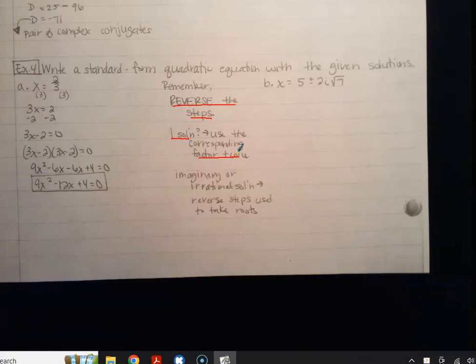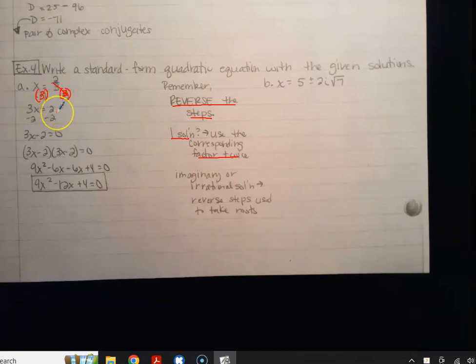If we look at the first one, here we have one solution, 2/3. So we're going to use the corresponding factor twice once we get there. We have x equals 2 divided by 3. First I multiplied by 3 to get rid of the denominator, so now I have 3 times x equals 2.